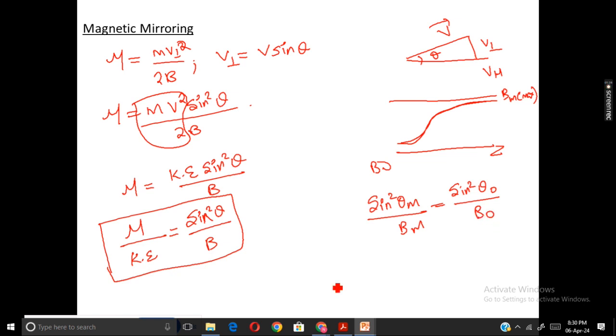We find the ratio, and the mirror ratio is given as B m by B 0, or sine square theta 0 is equal to B 0 by B m.